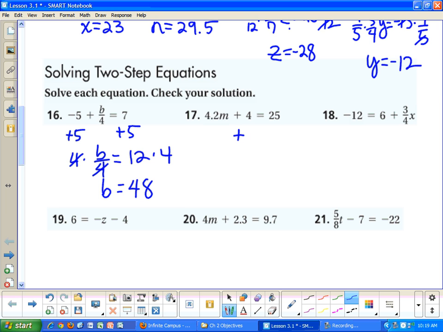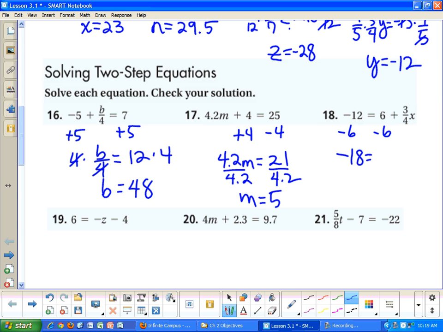Number 17, if we subtract 4 from both sides, we get 4.2m equals 21. Divide both sides by 4.2, and we get m equals 5. On number 18, we can subtract 6 from both sides, and then we get negative 18 equals 3/4 x.